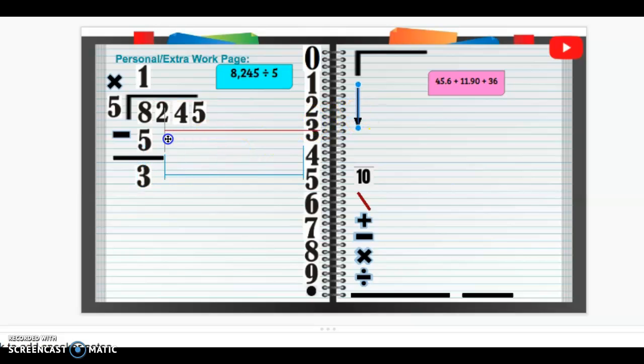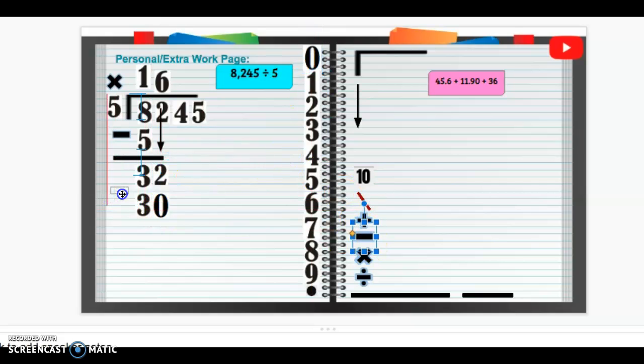Bring down your 2. 5 times what gets you close to 32? So 5, 10, 15, 20, 25, 30. So that'd be 6. That gives me 30. I subtract. 2 minus 0 is 2. 3 minus 3 is 0. Then I have to bring down my 4.